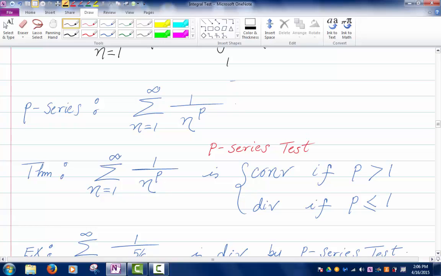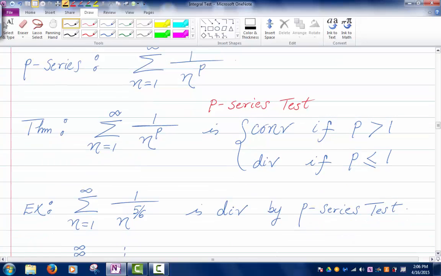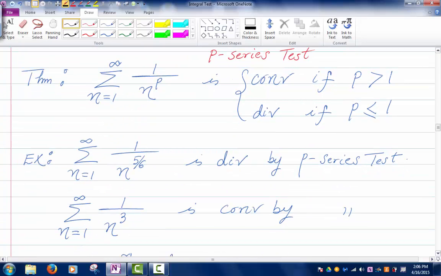Now, my theorem, the p-series test, says that the p-series is convergent if p is larger than 1, and it is divergent if p is less than or equal to 1. And you can use the integral test to show why that's the case. Okay, I won't do that. In your homework, there is a problem that sort of goes through the steps.